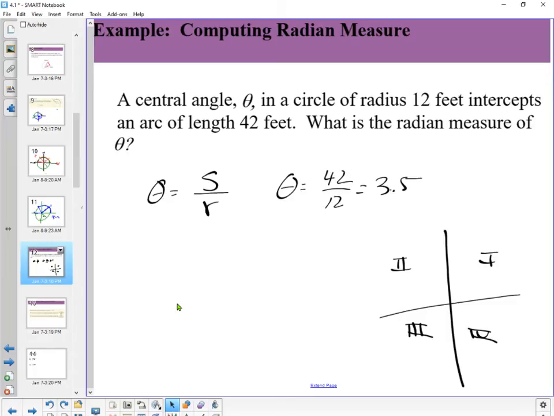Wouldn't that be like a pi and a half? If you divide pi, 3.14, by 2, that's how much there is for one quadrant. So it doesn't go over that for the third quadrant.